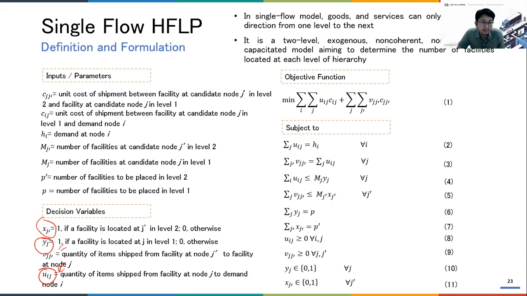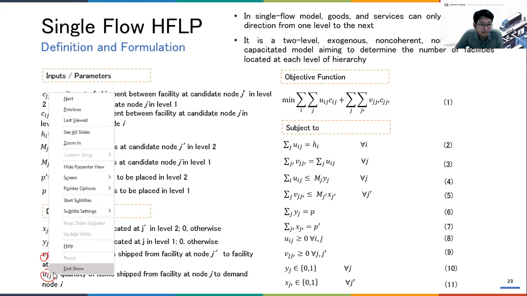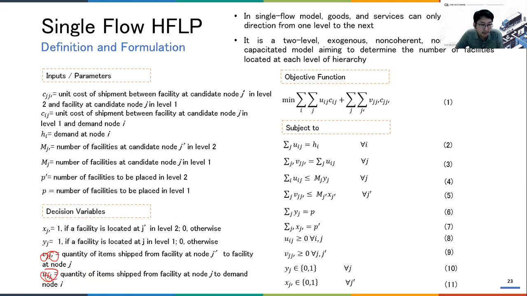The next one is how much you want to transfer from facility level 1 to facility level 2, and UIJ is how much you want to transfer from demand I to facility J, level 1, indexed by J.